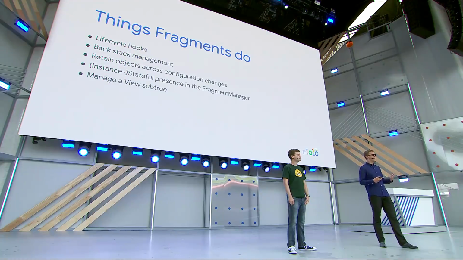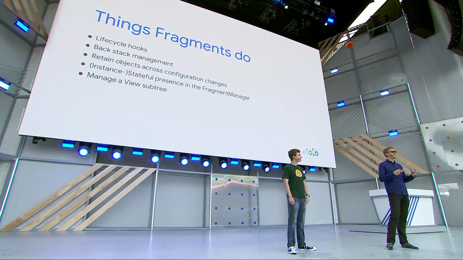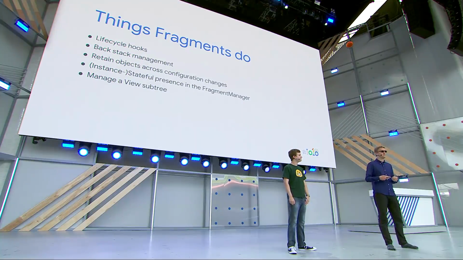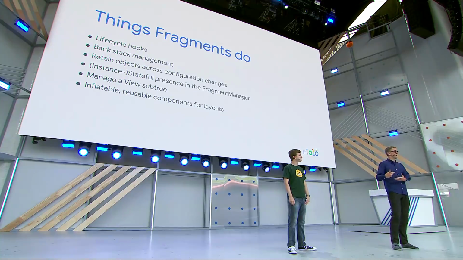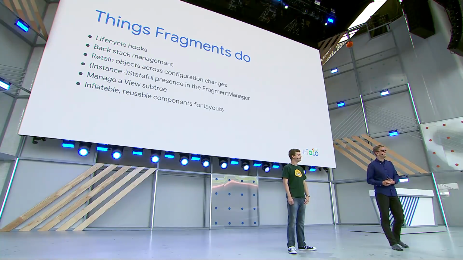And of course, they all have their own ability to have a view subtree, that piece of your UI that they manage themselves. And of course, we also allow things like fragments being inflatable and put right into your XML files, and be able to reuse them across multiple layouts. And again, this is also hooking into these same processes.